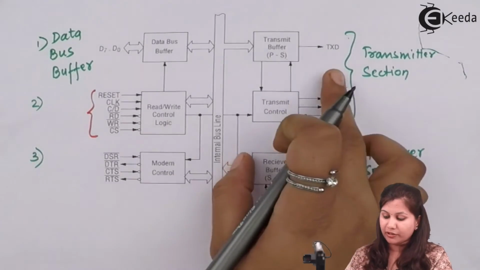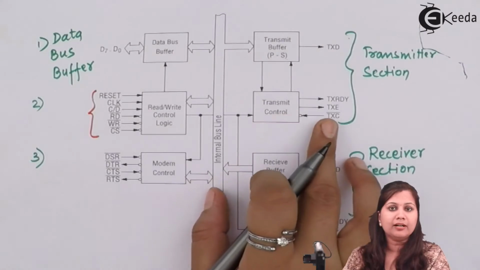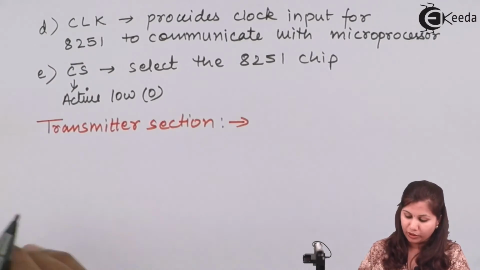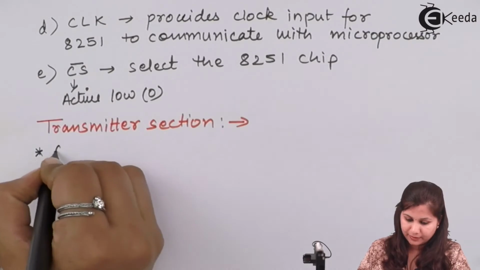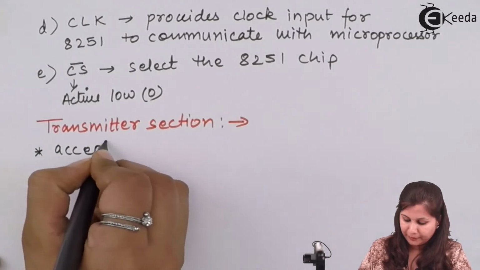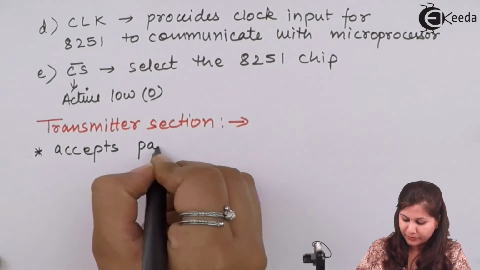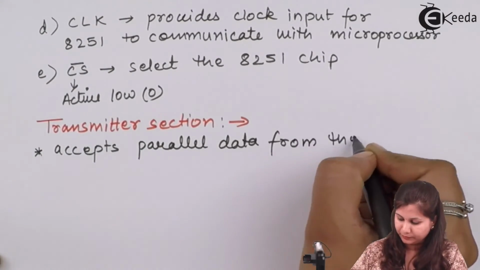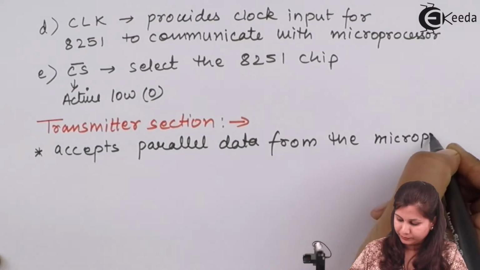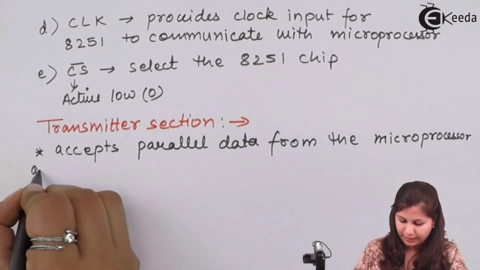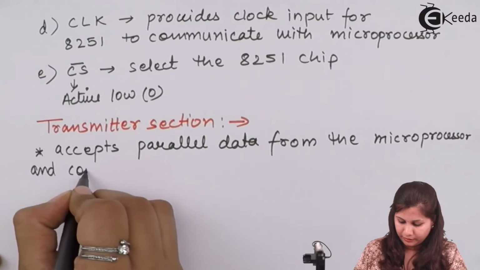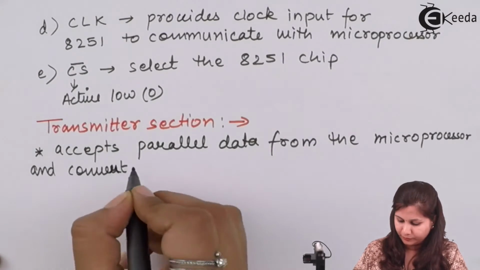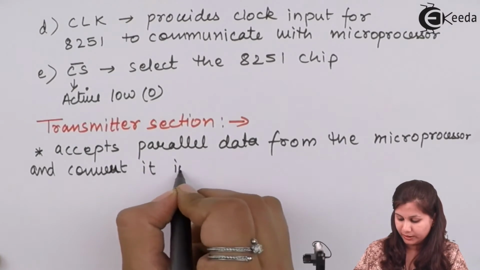All these functions are controlled by the transmit control block. So what this transmitter section does is accept parallel data from the microprocessor and convert it into serial data.